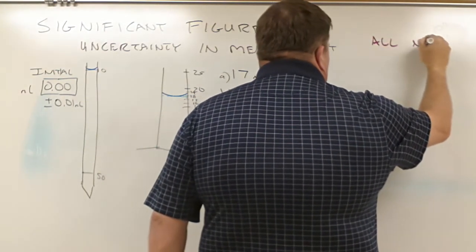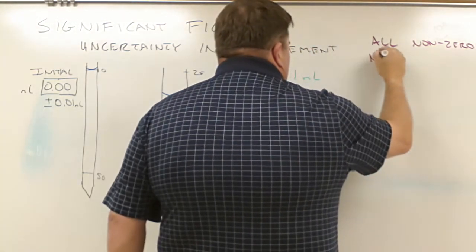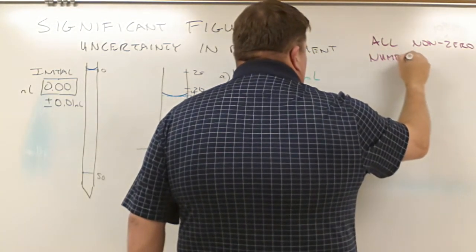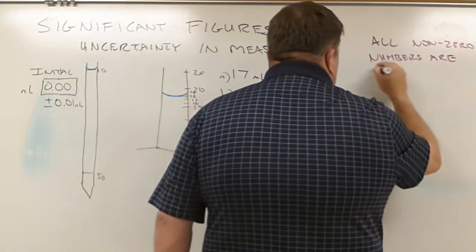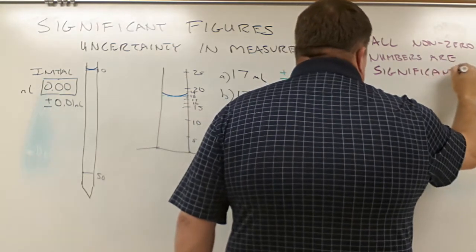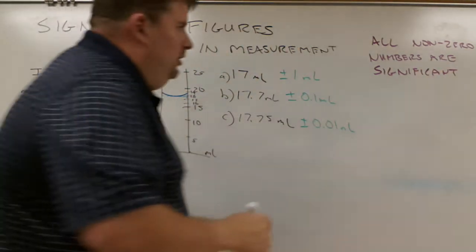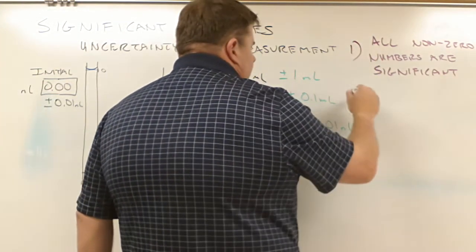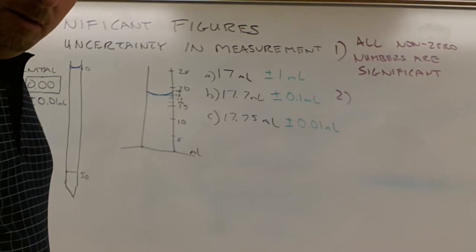So all non-zero numbers are significant. All right? So all non-zero numbers are significant. The first rule of significant figures. Okay? Good.